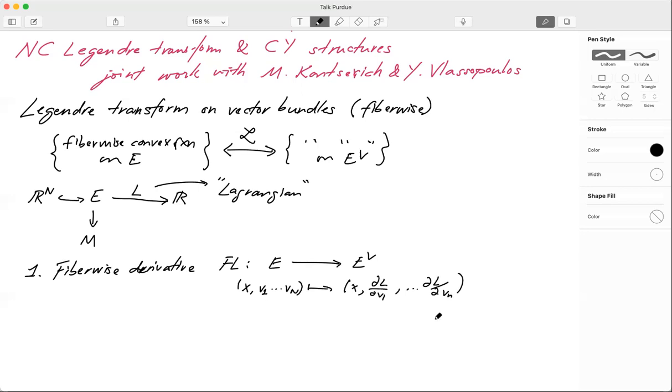So you can think about it as being sent to the graph of the derivative of L. Okay? So an easy fact is that if L is a convex function, then this thing is a diffeomorphism. And so there exists some inverse, FL inverse.